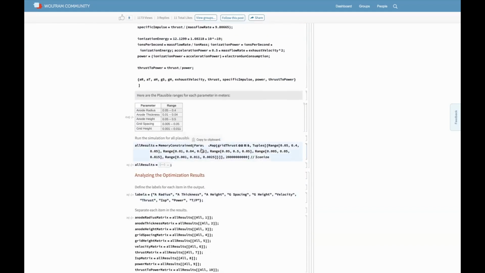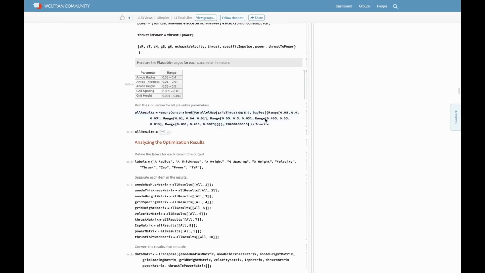I ran the results using the Wolfram function ParallelMap, which computes all of the functions simultaneously using the 6 CPU cores I have on my computer, so it makes everything much faster.